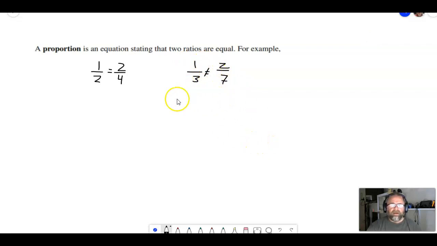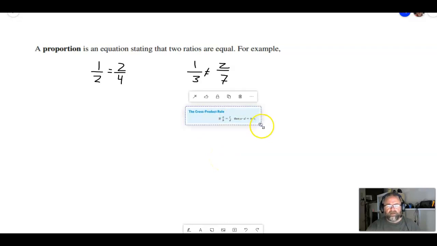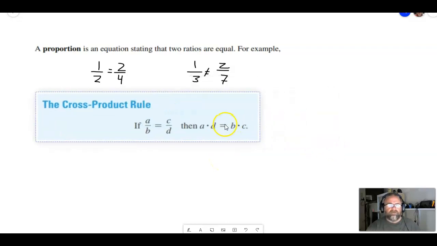So this is how we check a proportion. Now normally the way we're going to be doing proportions is one of these values is going to be a variable, and then we're going to solve for that variable. And we're going to be using the cross product rule, which we just did with the ratios earlier, but here is the cross product rule.